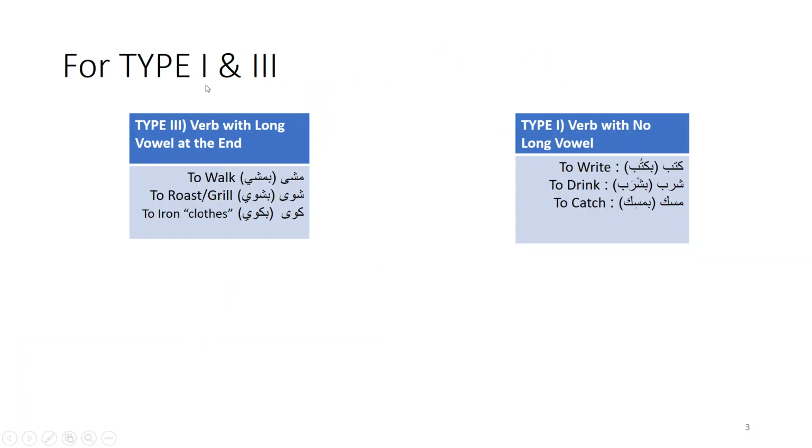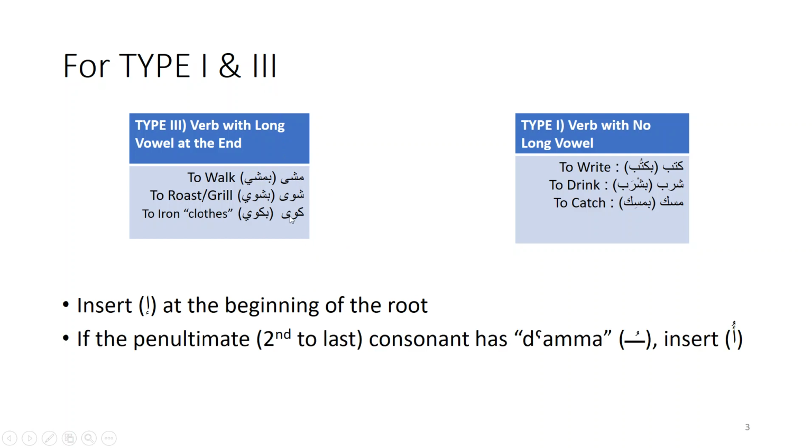Basically, types 1 and 3 follow the same set of rules, and these are: first, we have to insert an E at the beginning of the root, and I'm talking here about the consonants, basically. However, if the penultimate, or second to the last, consonant has dhamma, then we insert U, and by second to the last, I'm talking about the present form. That's why I said it's very important to know the difference in the short and long vowels.